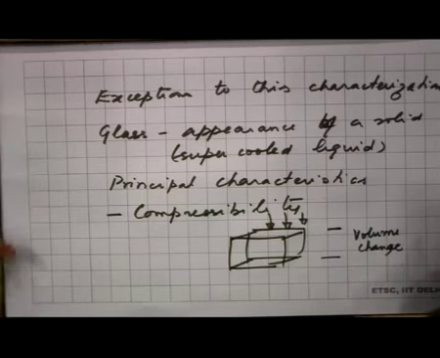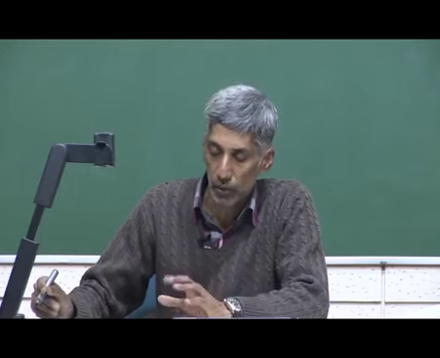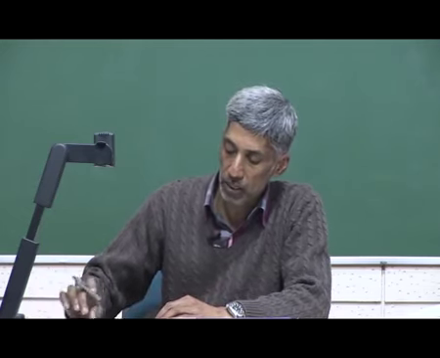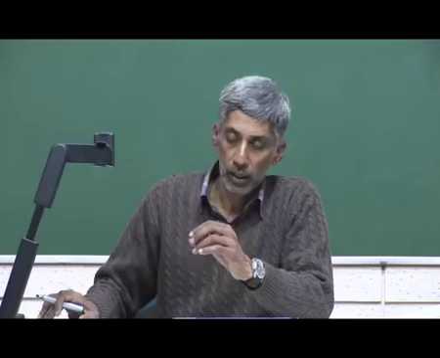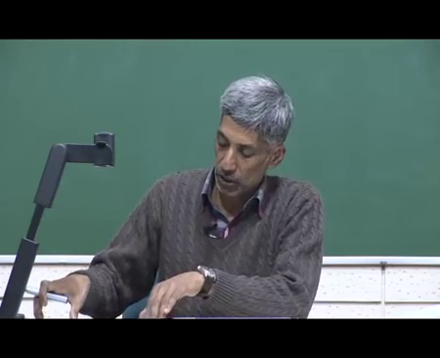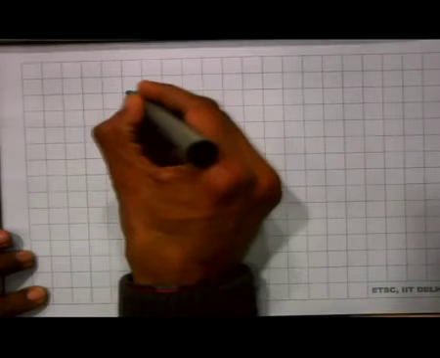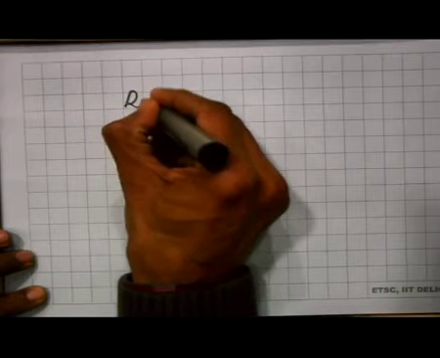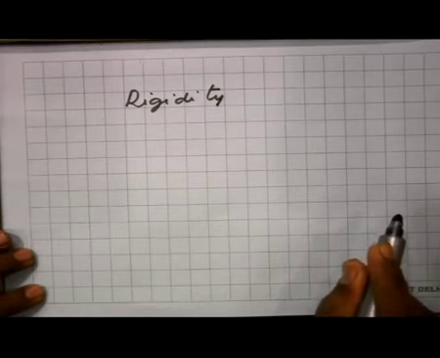This is one characteristic which allows us to differentiate between solid, liquid and gas. Compressibility, that is the volume change that occurs when we apply pressure to a system, a state of matter in this particular case. The other property on which this characterization goes is rigidity.